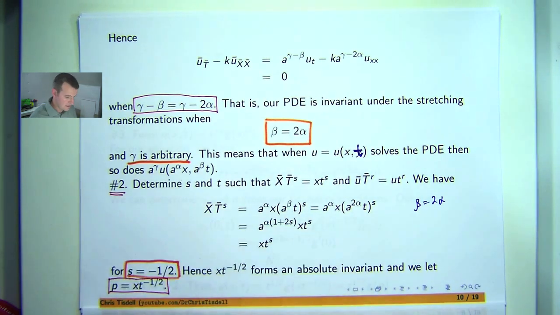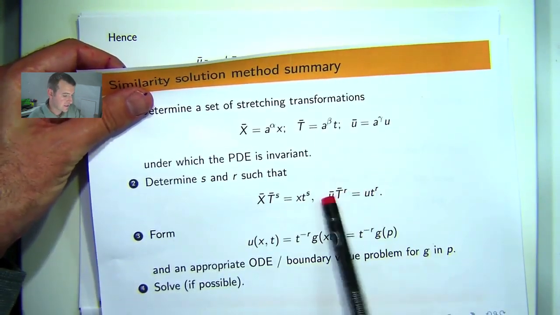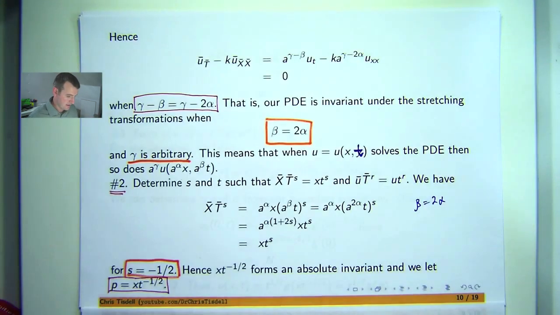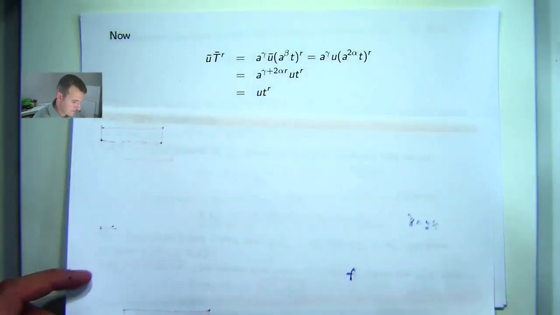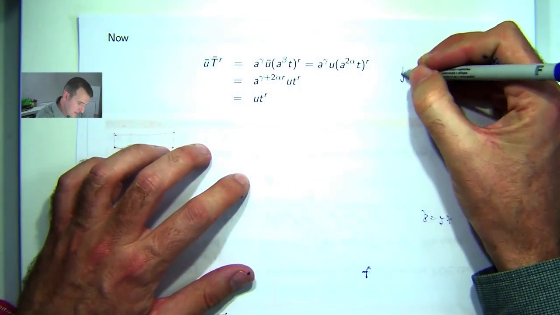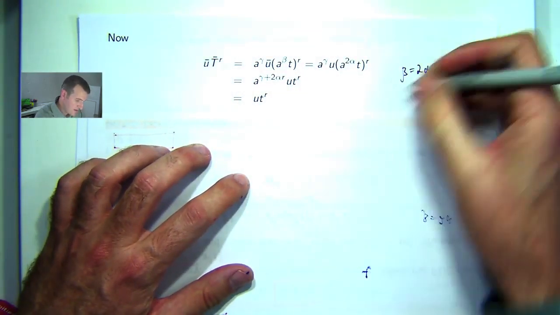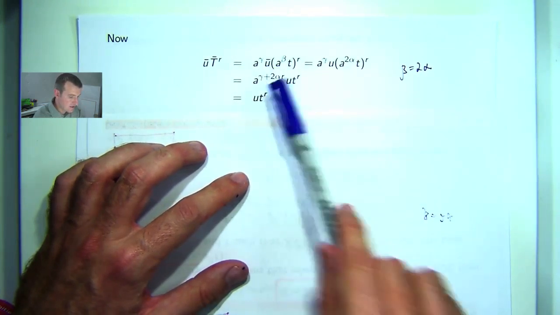Okay, so let's run through a very similar argument for this situation to determine an R such that this is true. Very similar again, remembering from the previous page that beta equals 2 alpha. You can run through this and you want this power to be 0.